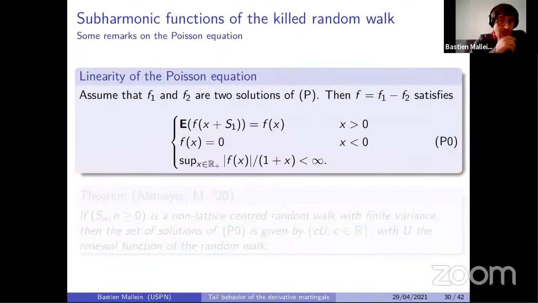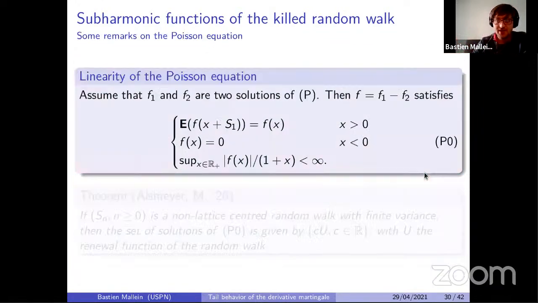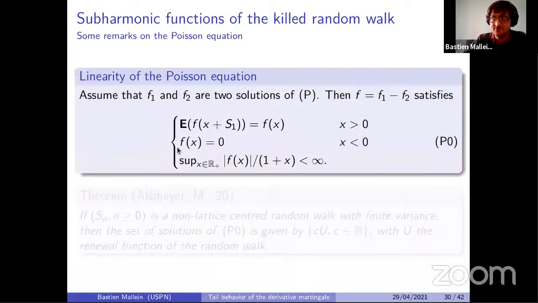Okay. And this problem P is a linear problem, right? So if I have two solutions and I look at the difference between the two, then the function g of x disappears in the first equation and the function h of x disappears in the second equation.